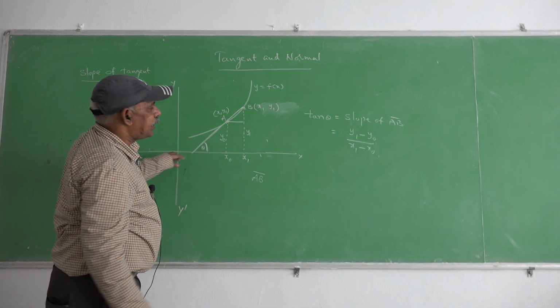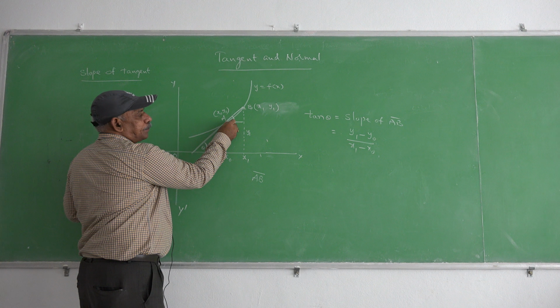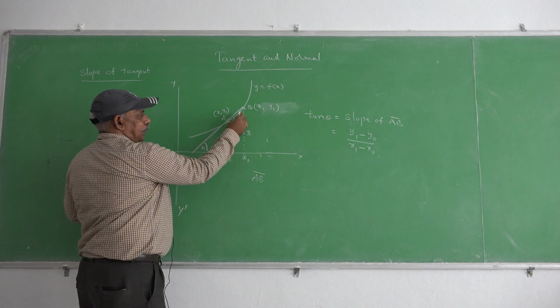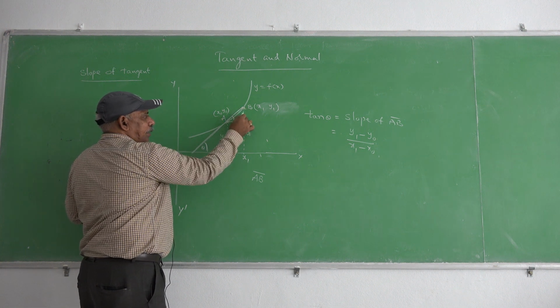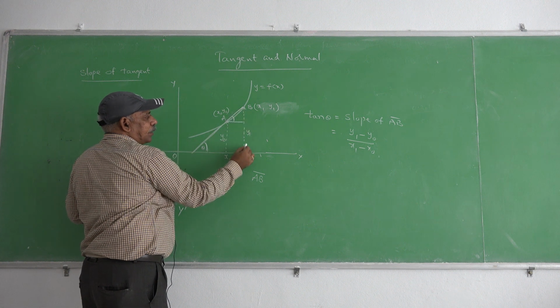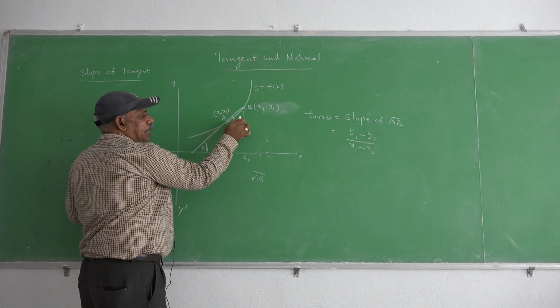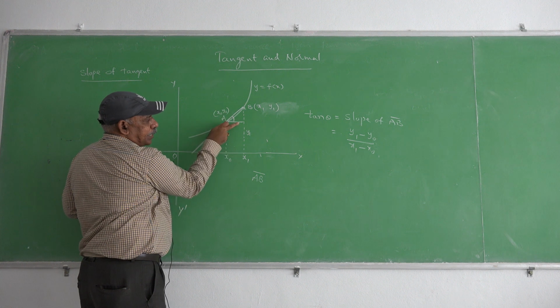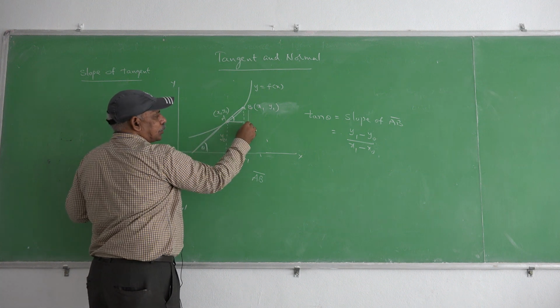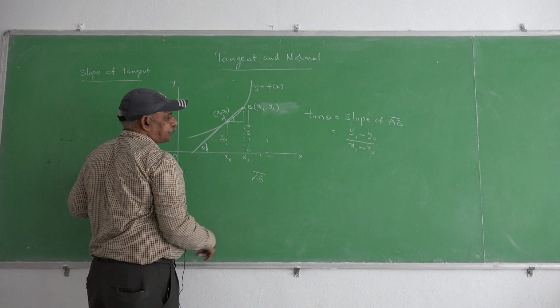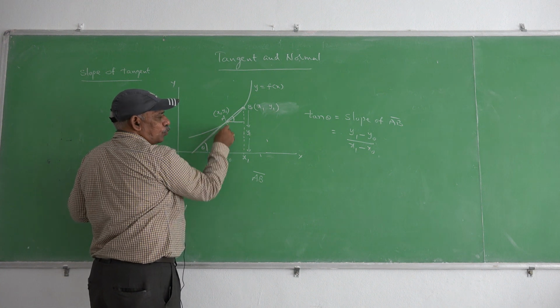Once this angle is theta, tan theta is obtained by this length, y1 minus y0. This is totally the length y1, this is the length y0.